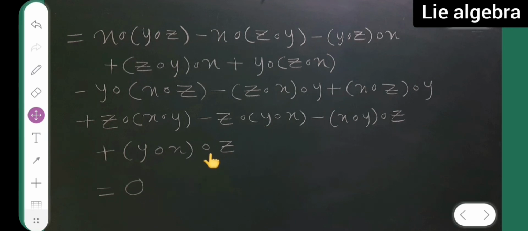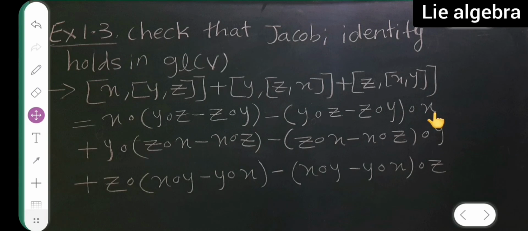Now the terms will get cancelled, all the terms will get cancelled, and finally you will get 0. So here we have proved that the Jacobi's identity holds in GL of V, okay?